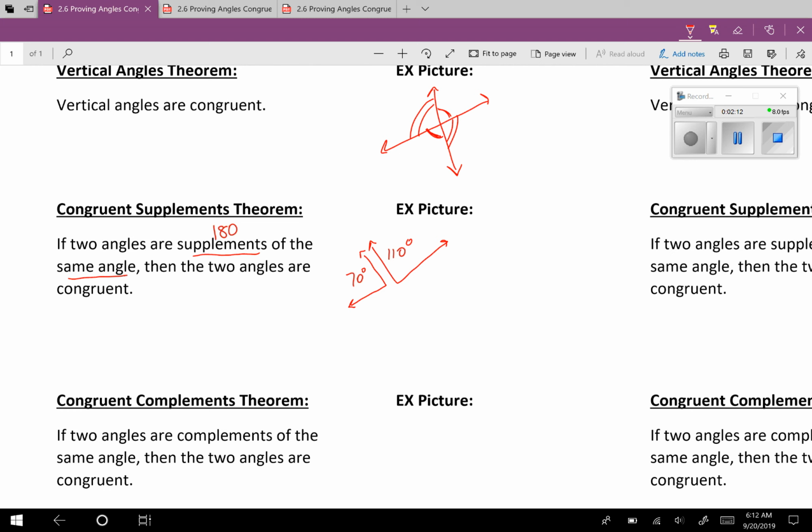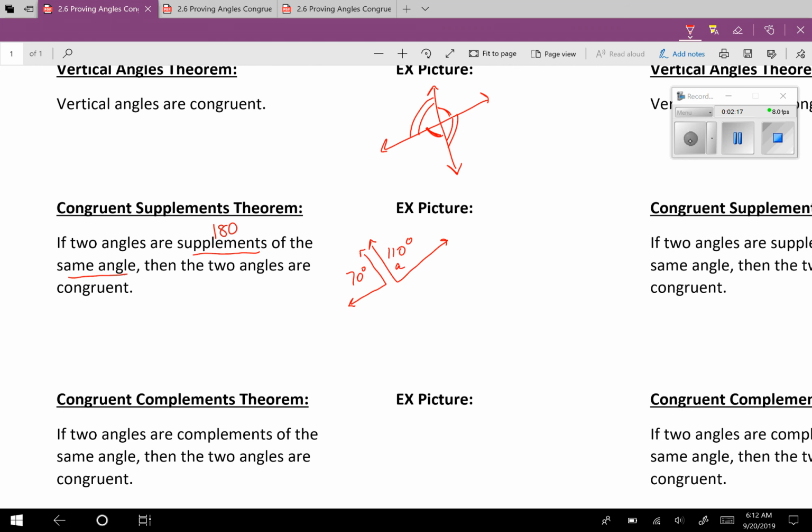Let's call this angle A, and this one angle B. If angle A plus angle B equals 180 degrees, and I have another angle over here, angle C, and angle A plus angle C equals 180 degrees, then angle B and angle C have to be equal because angle A is 110. 110 plus 70 is the only thing that gets me 180.